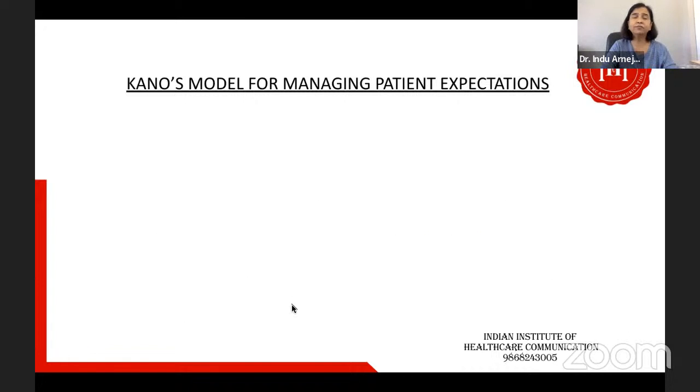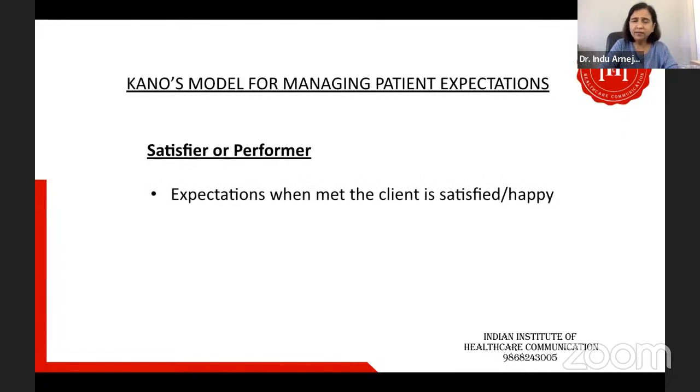The second set of expectations are called satisfiers or performers. Even if you are able to look after these needs, most of your patients are going to go back satisfied. When they are met, the client is satisfied and happy.